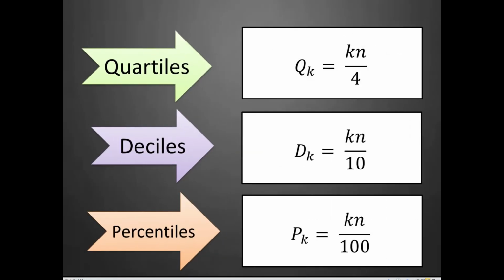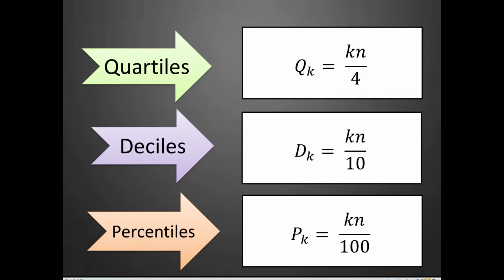Here are the formulas that we are going to use in computing quartiles, deciles, and percentiles for ungrouped data using the general method. For quartiles, our formula is Q sub k equals k times n over 4. For deciles, our formula is D sub k equals k times n over 10.